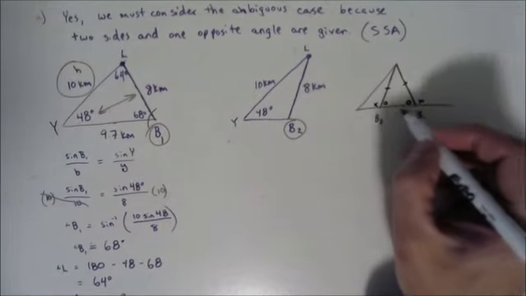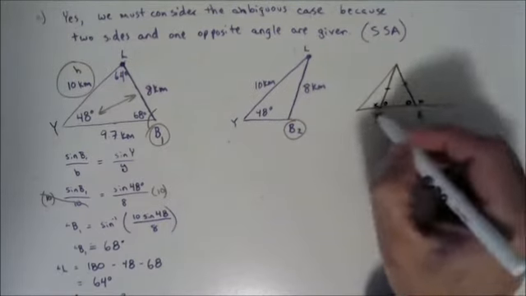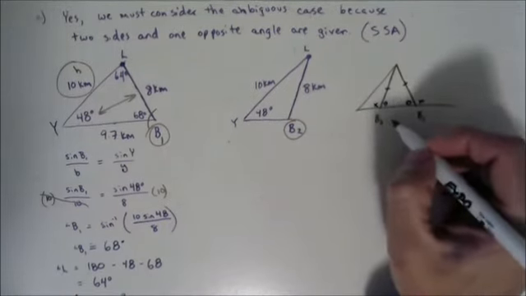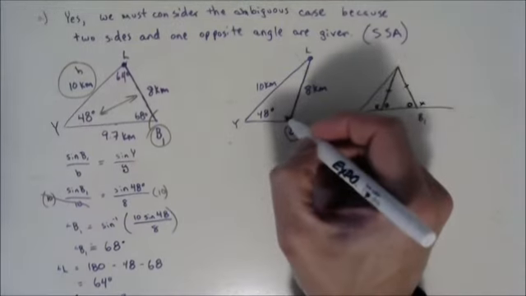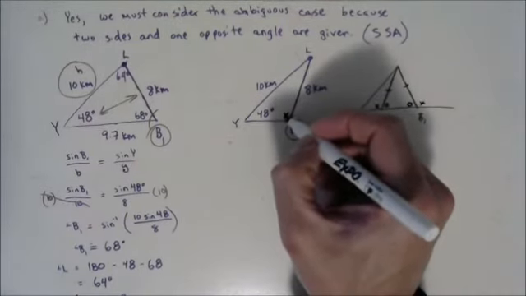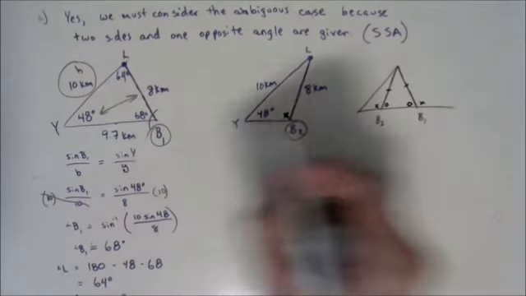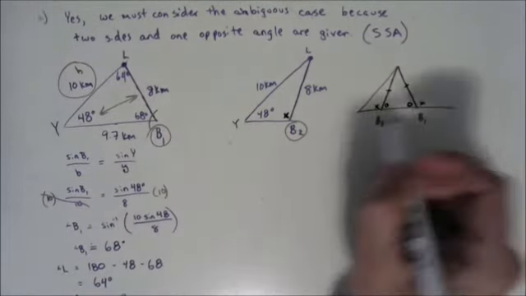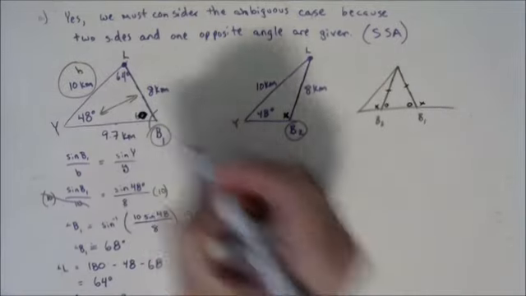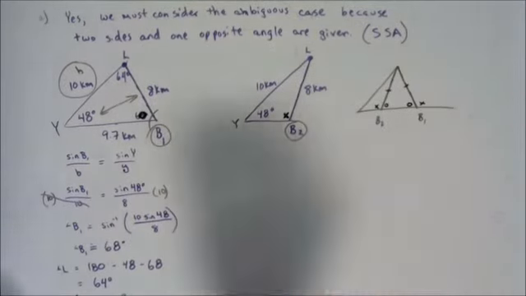So if angle O and O are equal, then X and X must be equal, which means that this guy over here, which in our diagram represents angle X, and this guy over here, which in our diagram represents angle O, they are supplementary.